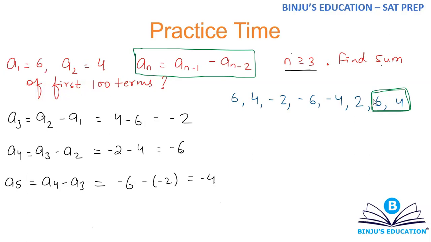So I have this series which consists of 6 terms, and these 6 terms are going to repeat itself. So my first 6 terms are 6, 4, minus 2, minus 6, minus 4, 2. Next 6 are 6, 4, minus 2, minus 6, minus 4, 2, and so on and so forth. And interestingly, the sum of these 6 terms is equal to 0.